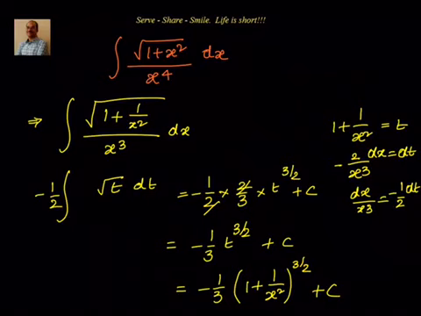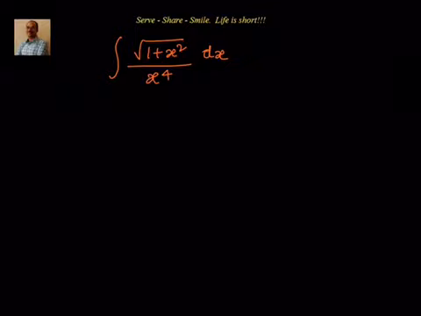Suppose we are not getting the idea that we have to divide by x, then you can go to trigonometric substitution and try to solve this problem also. Let us see how we can do that. Since I see square root of 1 plus x square, I have to look for trigonometric identities which will take out that square root and give me a value.